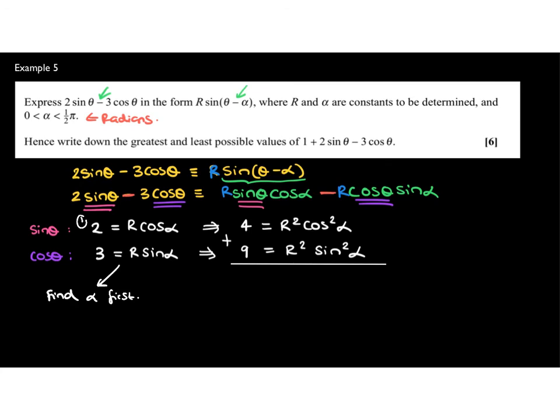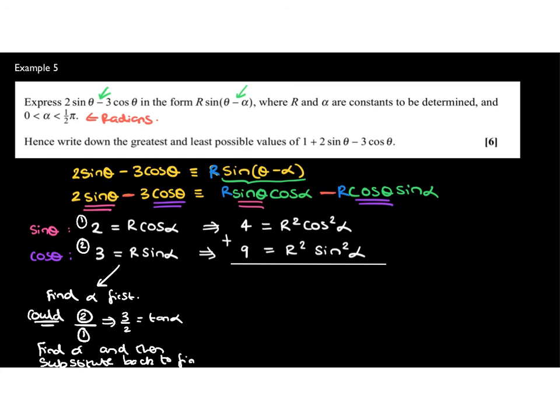So if I call this equation 1 and equation 2, we could do equation 2 divided by equation 1, which would give us 3 over 2 equals tan alpha. So you can find alpha and then substitute back to find r. It is an alternative approach which is perfectly valid mathematically, one to consider as an alternative way of doing things.